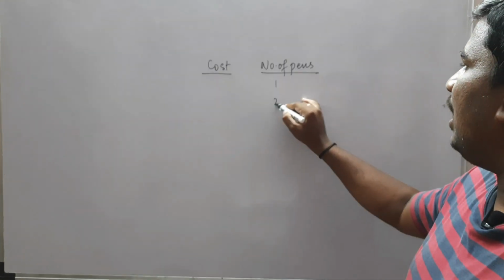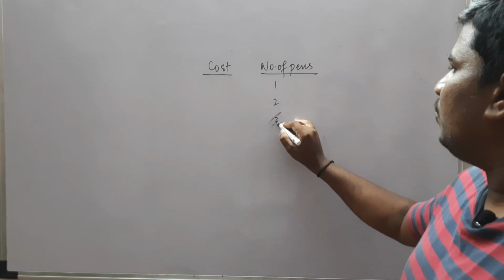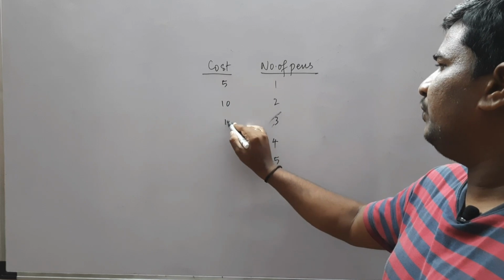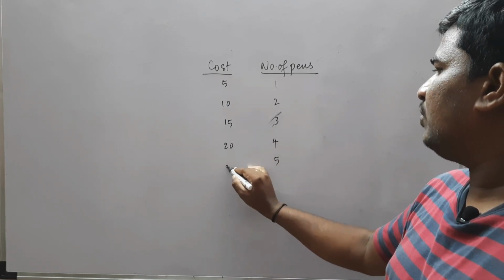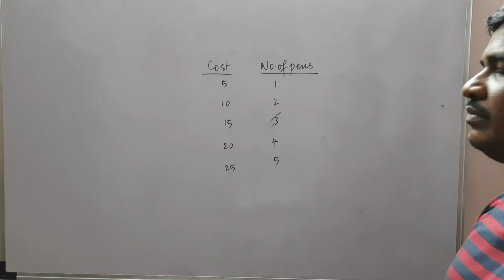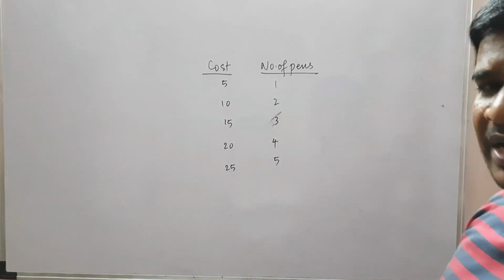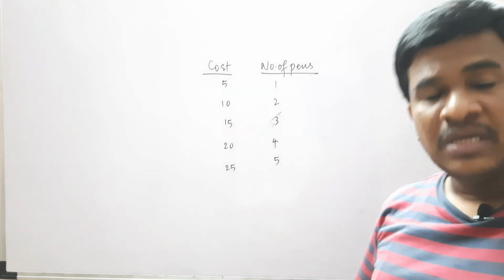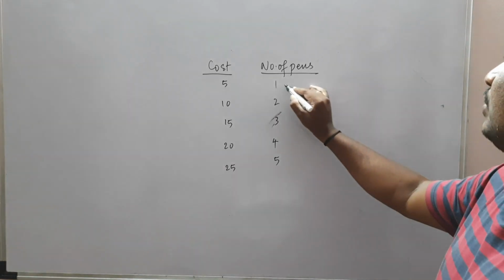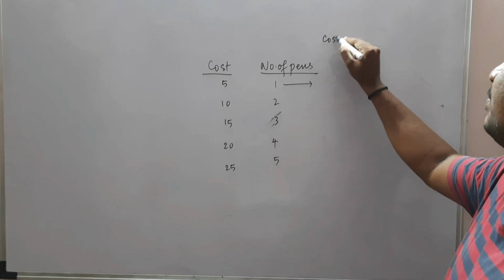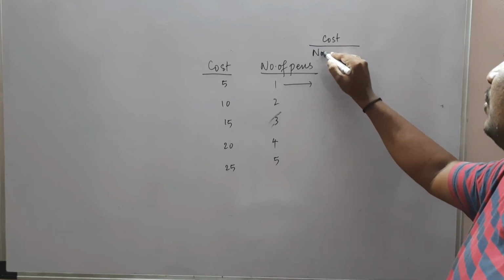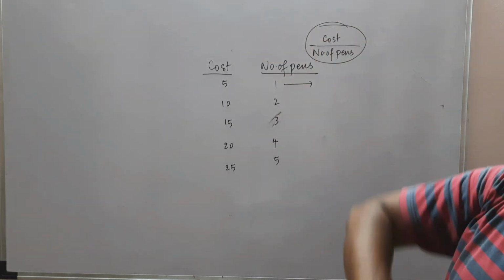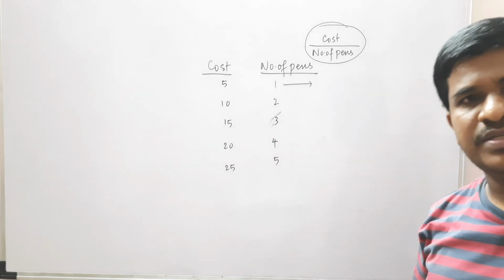So let me take 1, 2, 3, 4, 5 pens. So here I write 5, 10, 15, 20, 25. So let me take the ratio of cost to number of pens in all the cases. Here please be focused on this ratio. I am finding this ratio in each case, cost by number of pens.